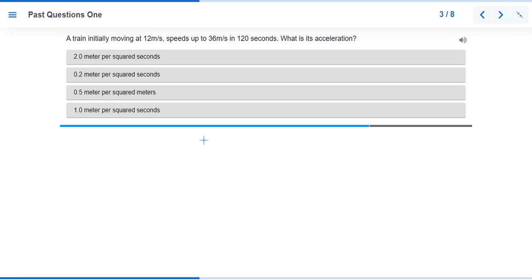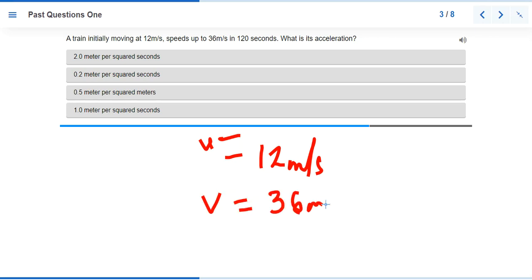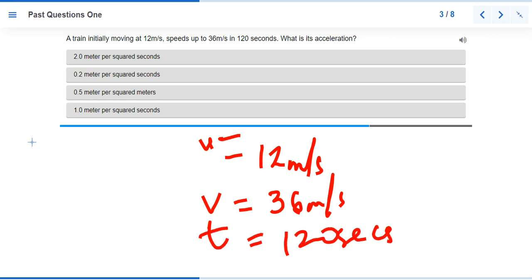Now we have an initial speed, or initial velocity. Let's call that u, which is 12 meters per second, while the final velocity v is 36 meters per second, and the time is 120 seconds.